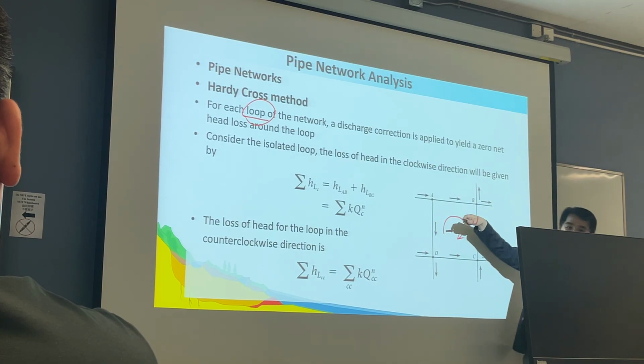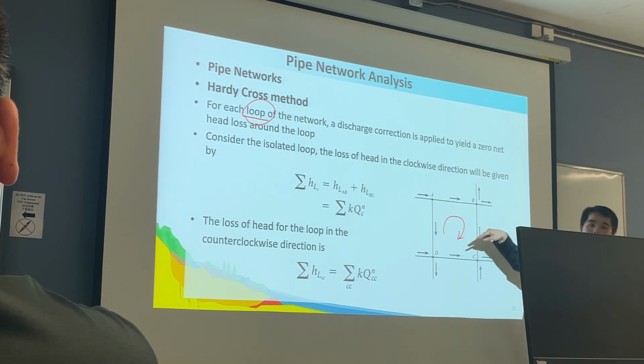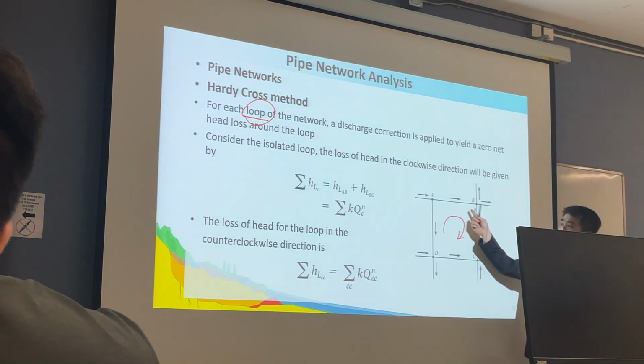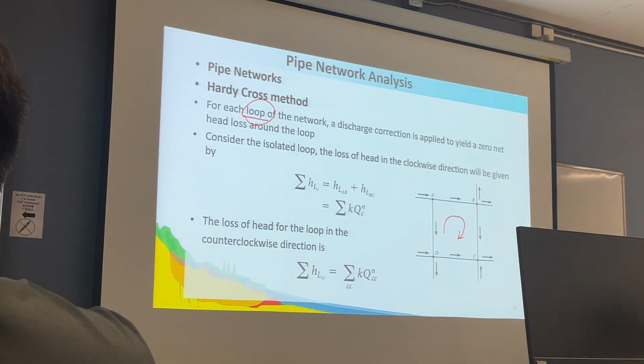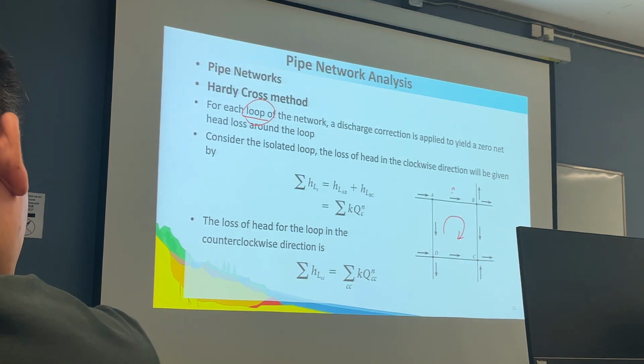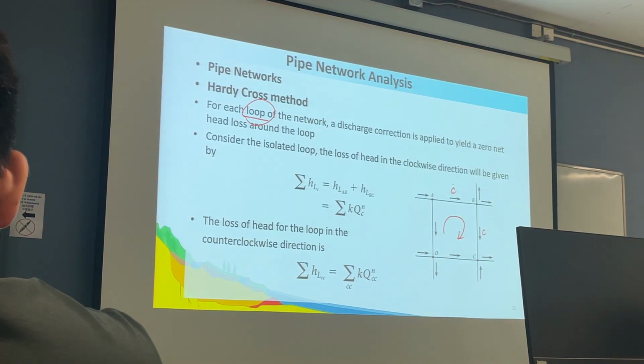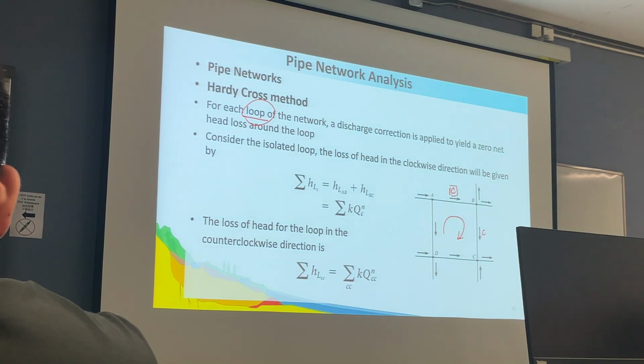AB flow is clockwise. BC is also clockwise because it flows in this pattern. So AB is clockwise, BC is clockwise. But AD is like this way, so AD is counterclockwise.